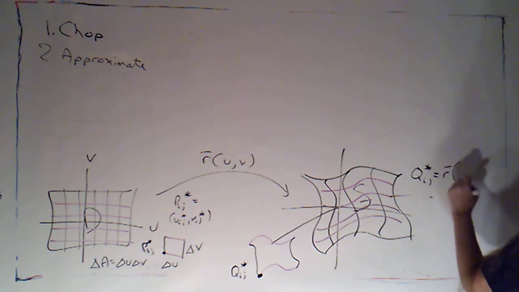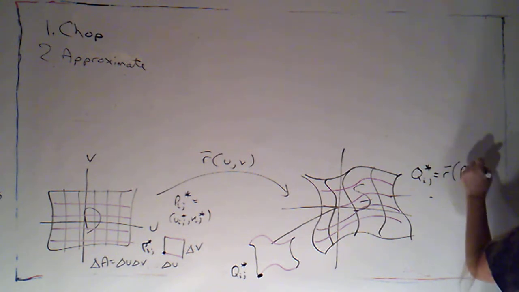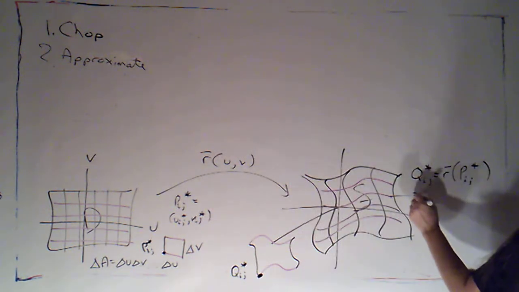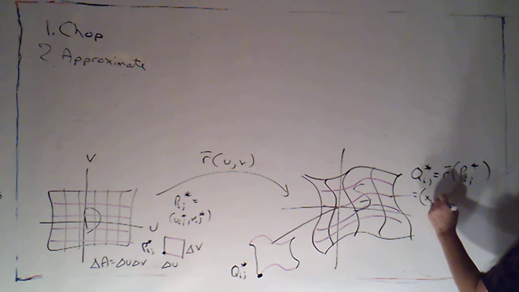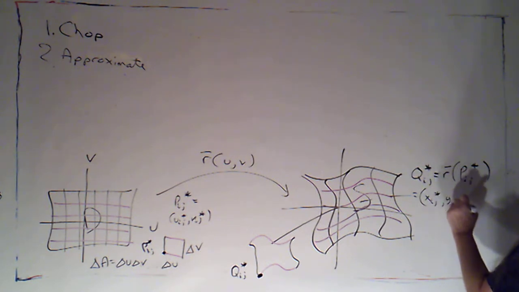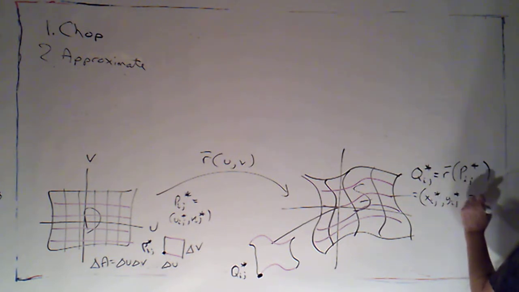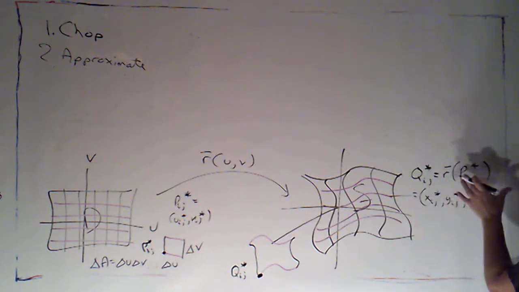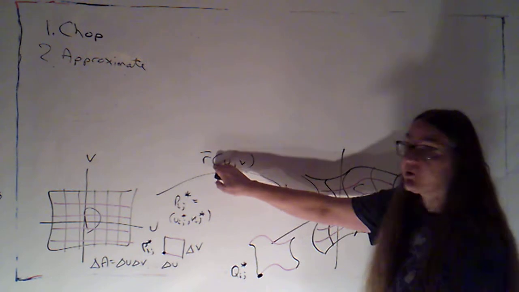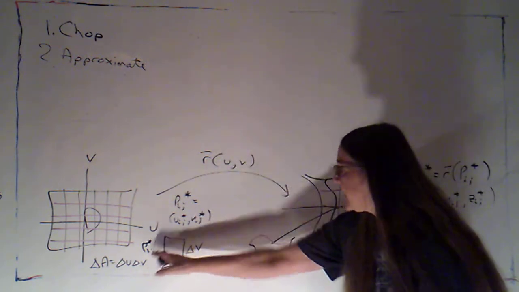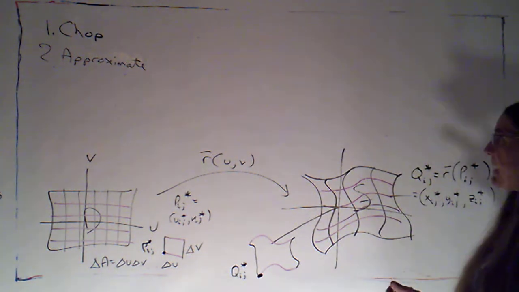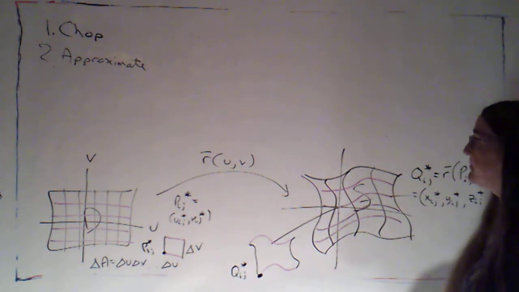It's the image of Pij star under this transformation, and it would have a representative x value, a representative y value, and a representative z value. But the connection between them is that R, my parameterization, maps Pij star to Qij star. So that's going to be my representative point.